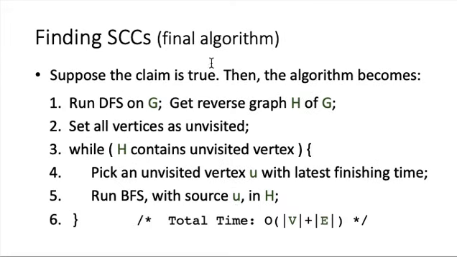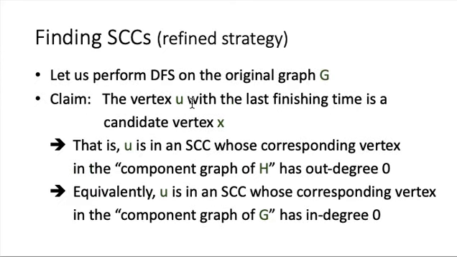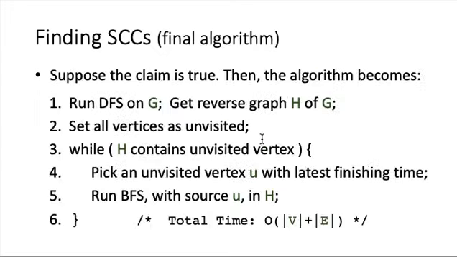Now suppose that this claim is true. Then we have a way to find a vertex U, or the corresponding vertex X, that has a good property. So this is how we can refine the algorithm. First of all, we run DFS on the graph G, and we also get the reverse graph H of G. We set all the vertices as unvisited at the beginning.